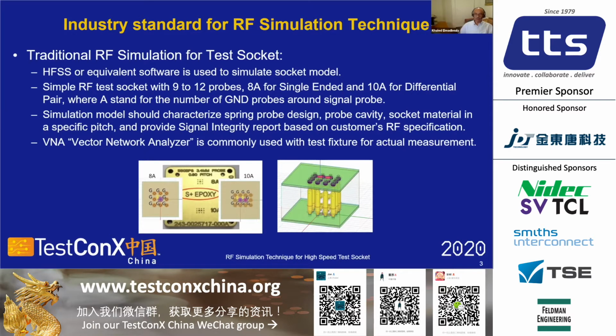They manufacture this socket, do a simulation, and also do a measurement to see if they can make a correlation between the measurement and the simulation. This is very sufficient for many of the probe technologies when we have a socket simulation like that.